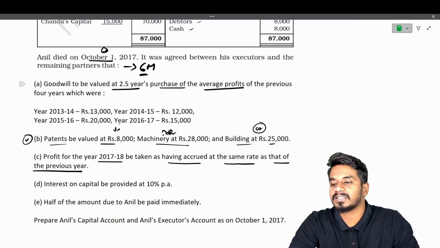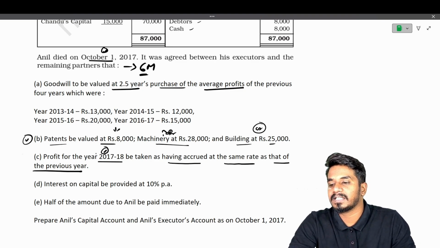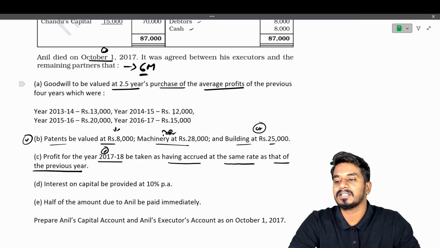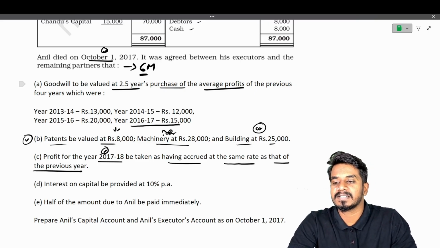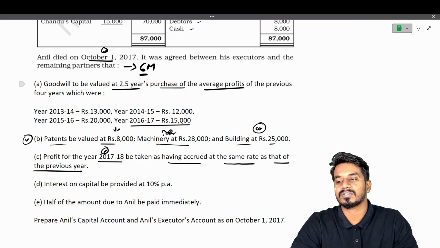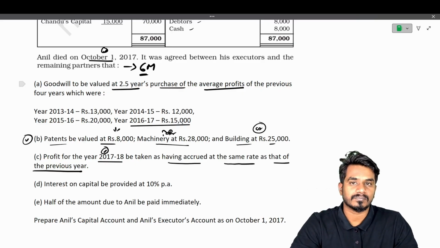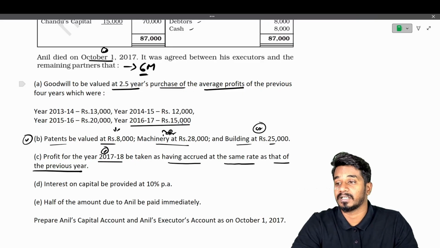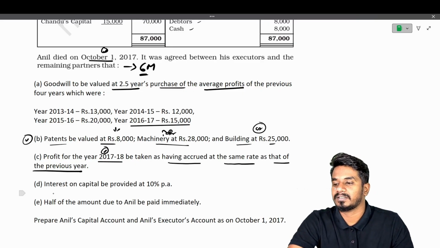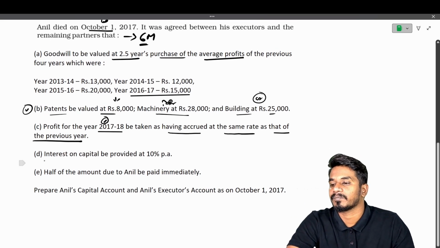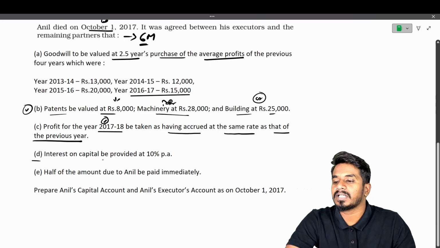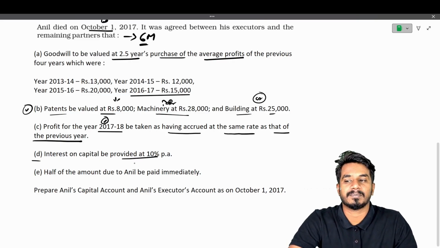This current year is 17-18, so the previous year will be 16-17. Correct. 15,000 was the profit. But we have to calculate accordingly for the dying partner, the deceased partner also we can call. Interest on capital to be provided at 10%.